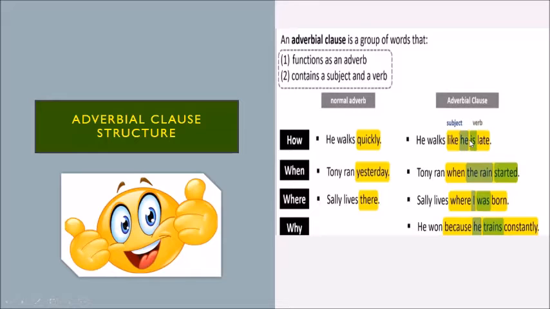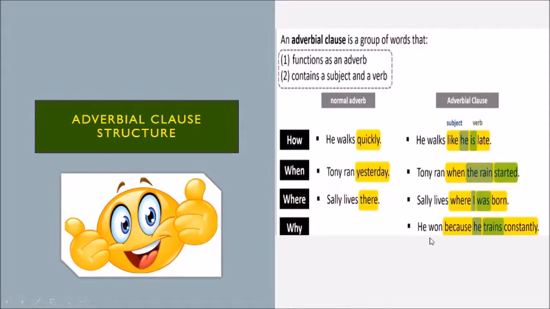I told you that we need to identify the subject and the verb in an adverbial clause. But we have another element that composes the adverbial clause that is called conjunction. If you check before the subject in each of the examples of the adverbial clauses, we have words like when, where, because.